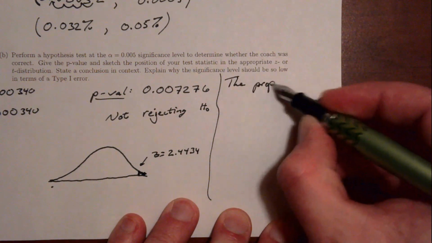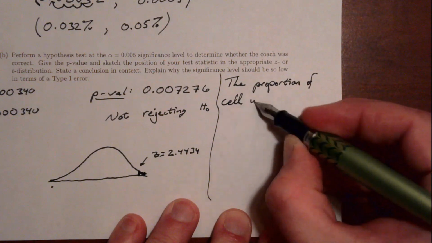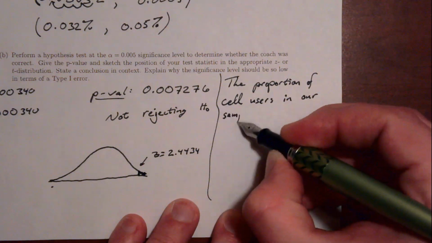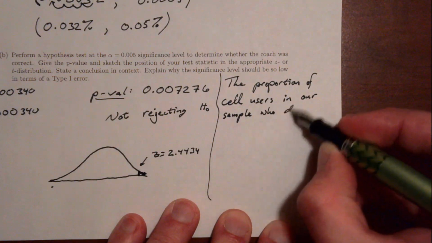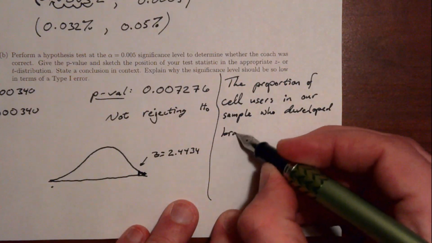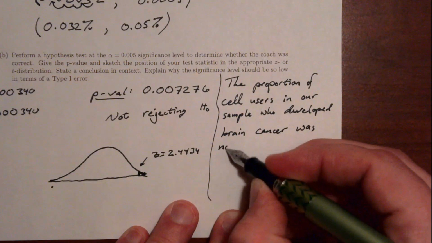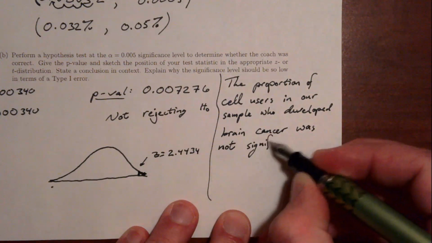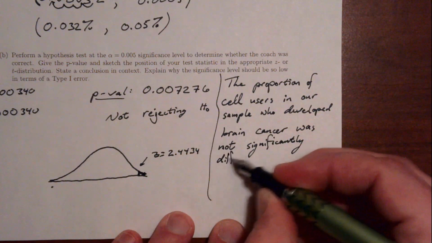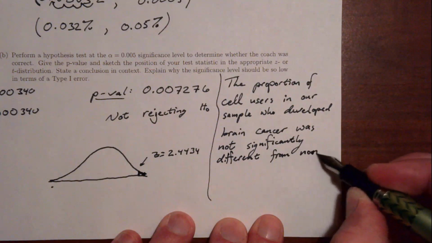The proportion of cell users in our sample who developed brain cancer was not significantly different from non-cell users.